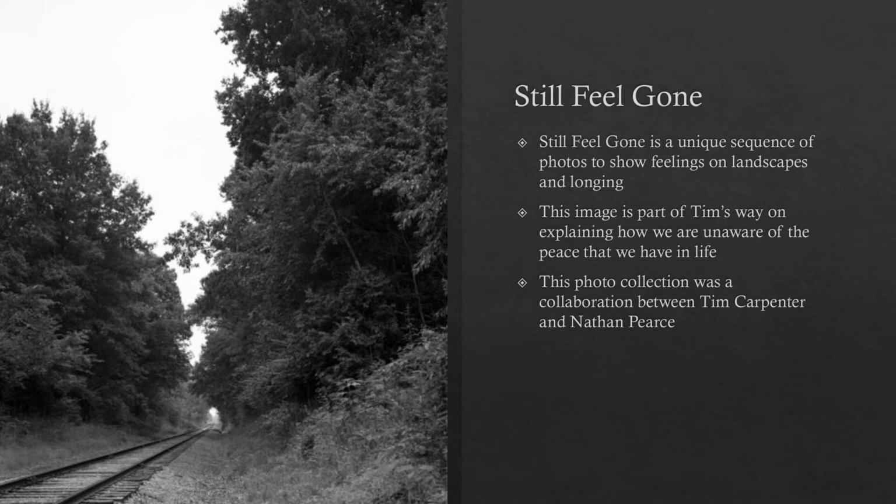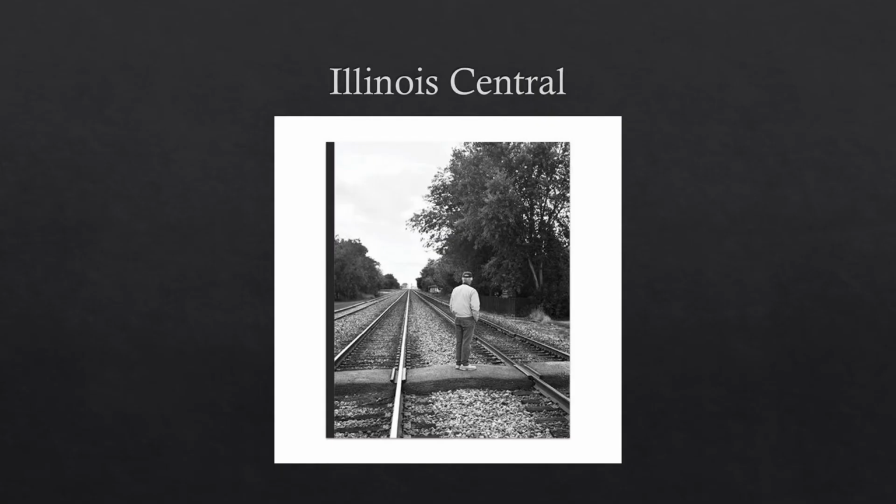Just right here in this image, there's something peaceful about it, nothing harmful, and we've seen stuff like this before in our memories or in the past, and we aren't aware of the peace that's right in front of us, essentially. But this was one of his books that he collaborated on with another person, and that other person was Nathan Pierce. And that's not the only book he's collaborated on, but we'll get to that.